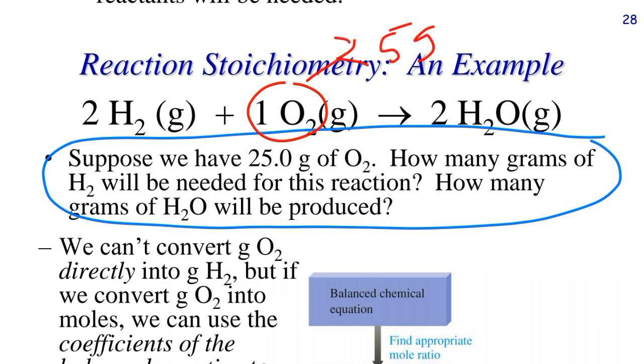So first of all, you must change it into moles. This mass must be converted into moles. Since we have been given a mass of oxygen, and the molar mass of oxygen is 32 grams per mole.